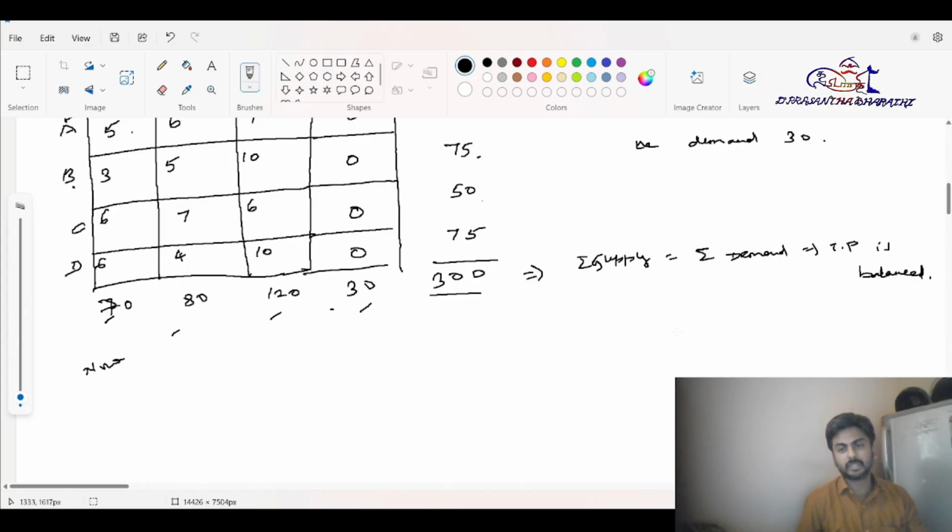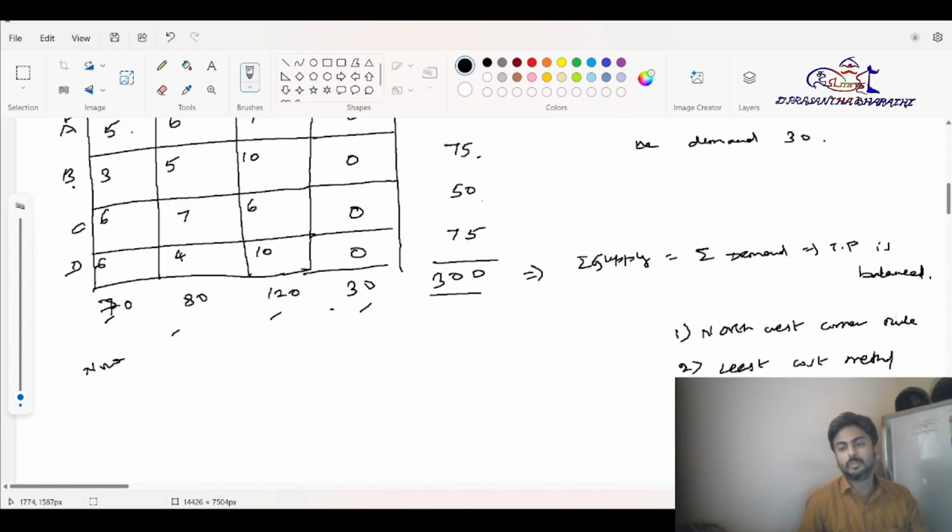There are three methods. One is the north west corner rule. Second one is the least cost method. Third one is Vogel's approximation method.